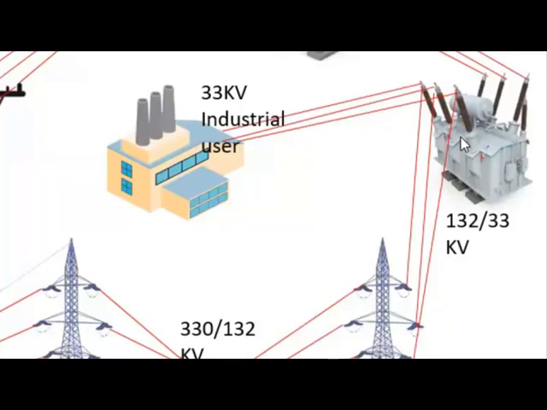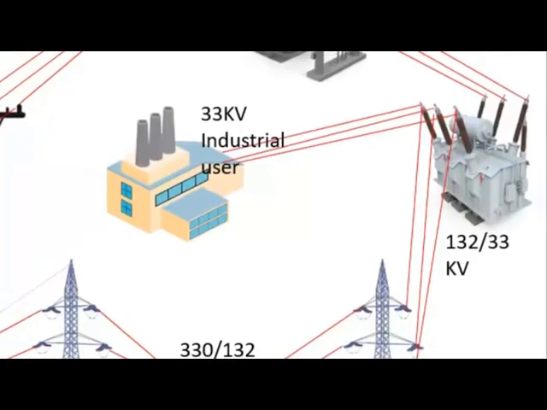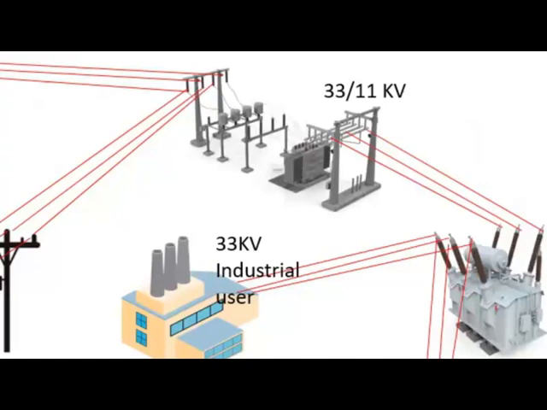Now, as it goes to the 33 to 11 kV injection substation, it is further stepped down from 33 kV to 11 kV.